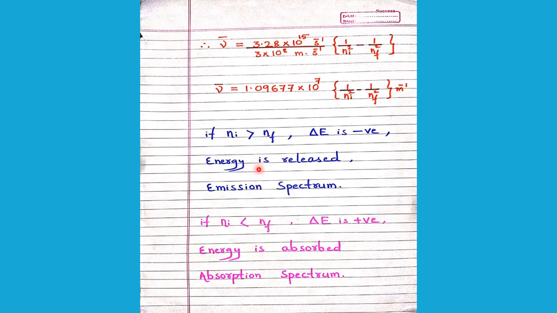So the condition is: if Ni is smaller than Nf, delta E is positive. If delta E is positive, energy is absorbed, taken, and that spectrum is called the absorption spectrum. Depending upon Ni and Nf, it will be decided whether it is an emission spectrum or an absorption spectrum.